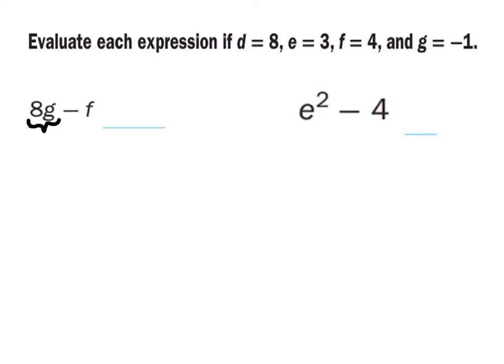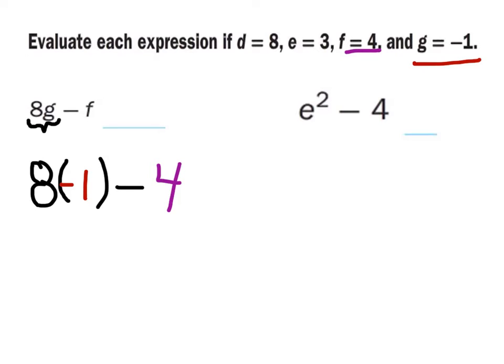A little teeny tiny. Nate? Multiplication. Okay? So you're going to take 8 and multiply it by whatever value is G. So you've got 8. You're going to multiply it by what is the value of G? My goodness, -1. Then you're going to minus the F value, which is 4.